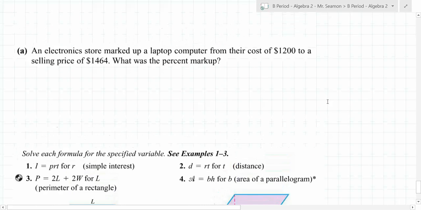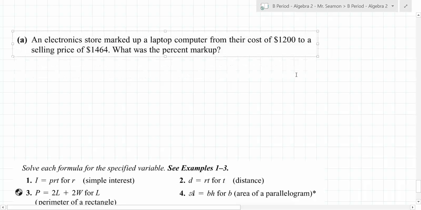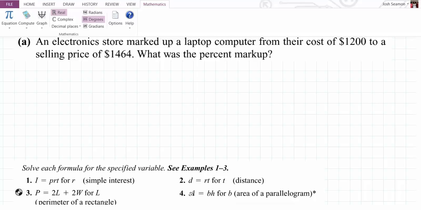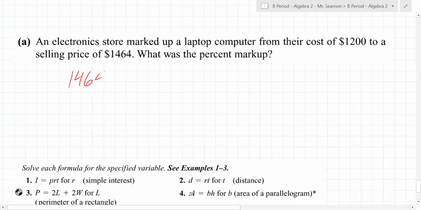What about this? Let's make it a little bit more fun. You can use your calculator to do this because you probably don't know the division. But without talking to anybody, try doing that question right there. Can someone define what is markup? Increase. The increase is going to be 1464 minus what? 1,200. And then divide it by what? 1,200.